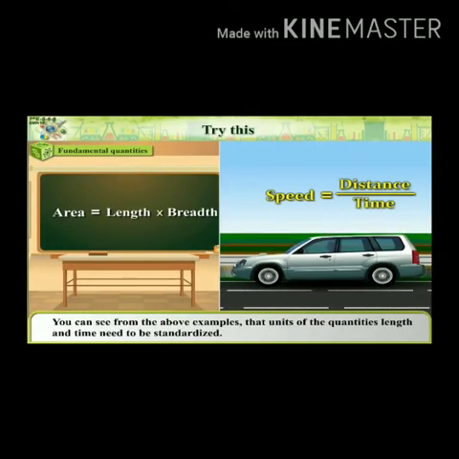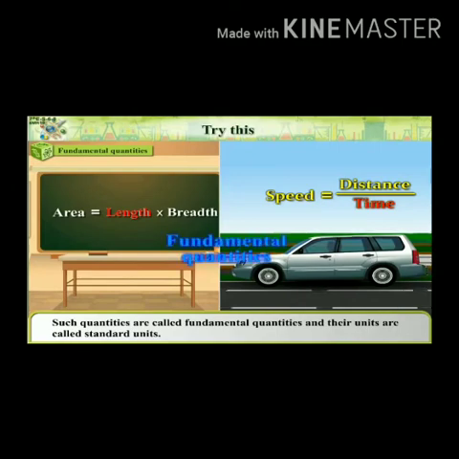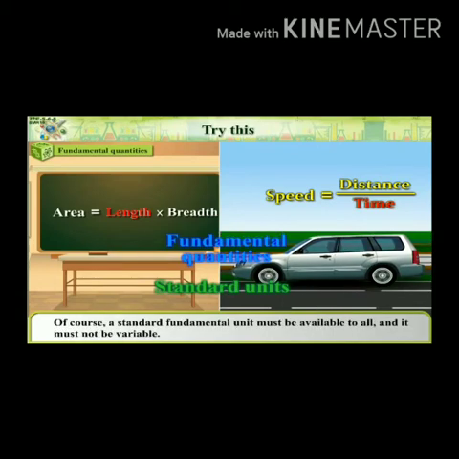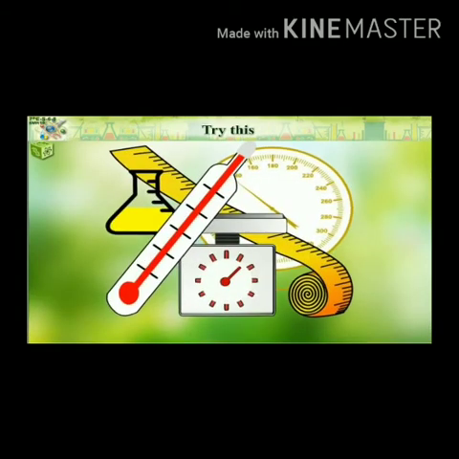You can see from the above example that units of the quantities length and time need to be standardized. Such quantities are called fundamental quantities and their units are called standard units. Of course, a standard fundamental unit must be available to all and it must not be variable.